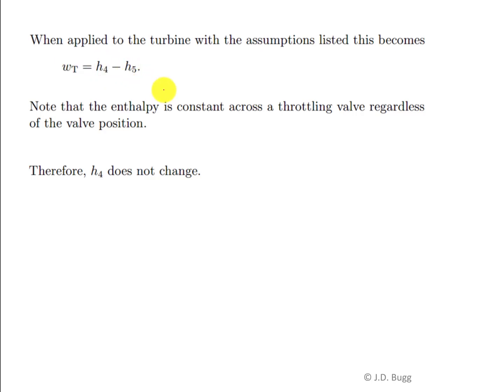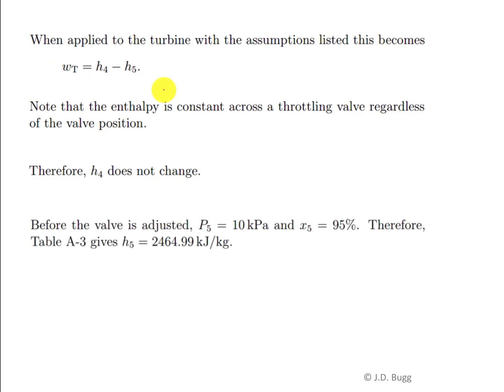So h5 at the exit, before the valve is adjusted, the pressure there is 10 kilopascals and the quality is 95%. So we can go to table A3 and be able to calculate that h5 is 2,464.99 kilojoules per kilogram.